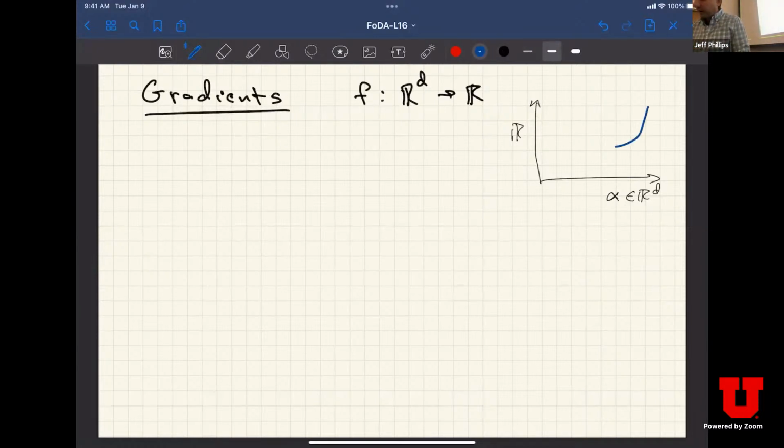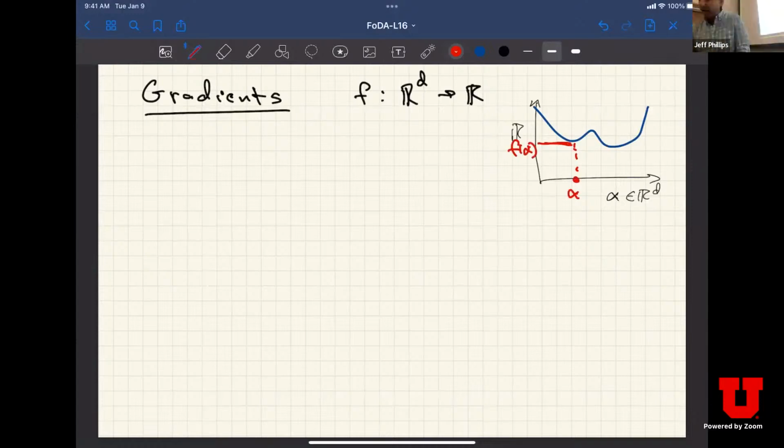So for any value of alpha, the function gives you a unique value in the range, the output of the function. This would be f of alpha.